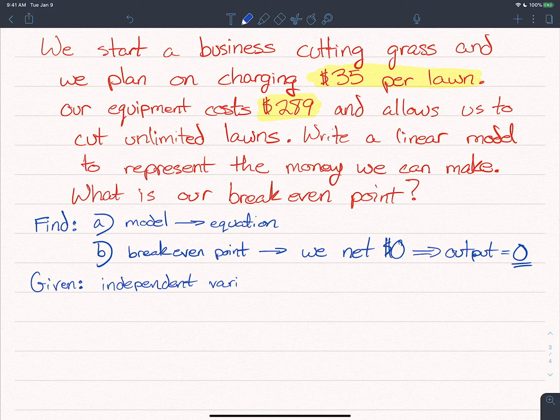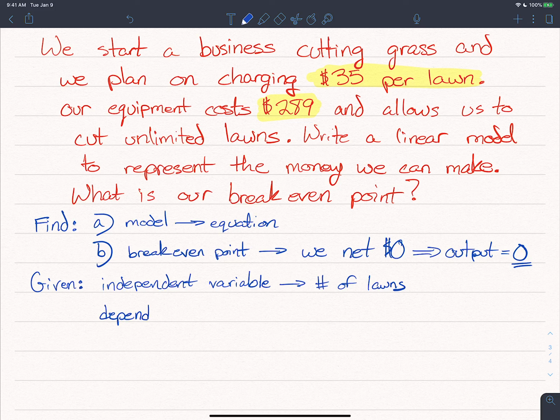Our independent variable, or the thing we can control, is going to be the number of lawns. That's going to be our independent variable. Because we could go out and cut no lawns, or we could go out and cut 50 lawns. It's completely and totally up to us.